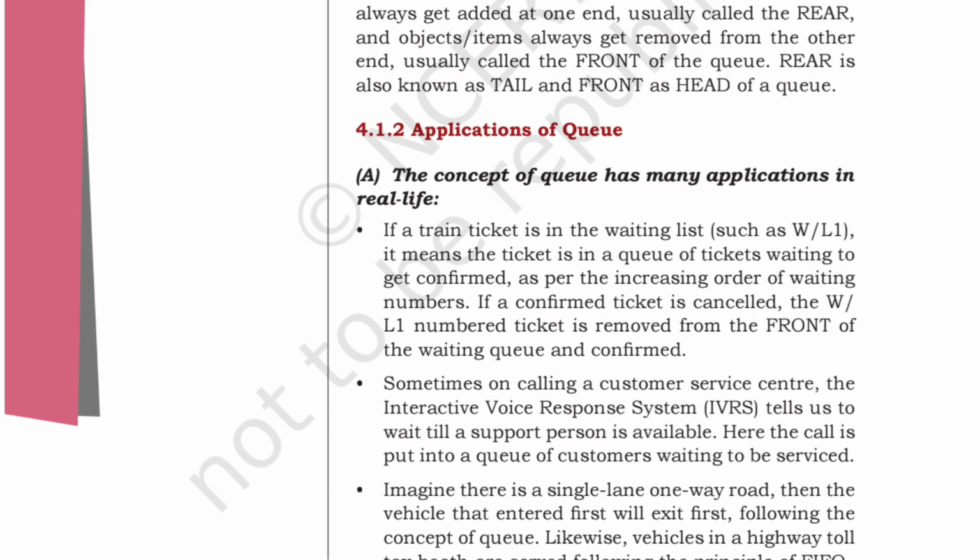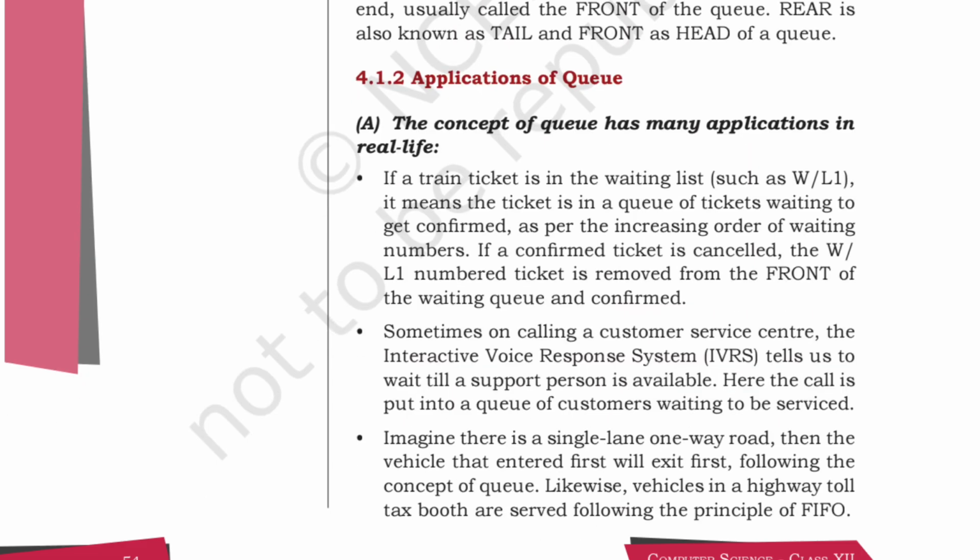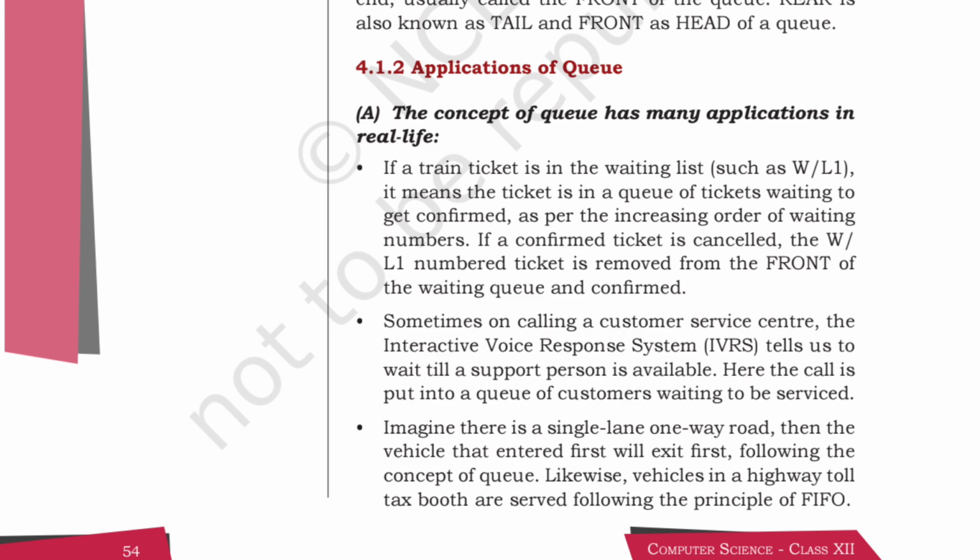So if a confirmed ticket is cancelled, the WL1 ticket is removed from the front of the waiting queue and confirmed.